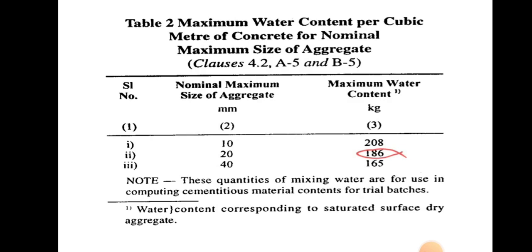Selection of water content. From table 2, maximum water content is 186 liters for 20 mm size aggregate. Estimated water content for 100 mm slump is equal to 186 plus 6 by 100 into 186, which is equal to 197 liters.